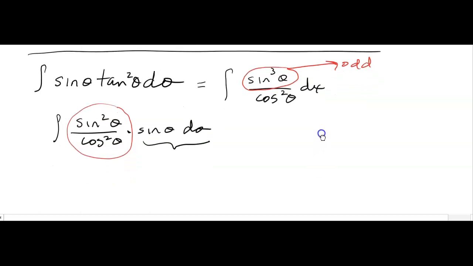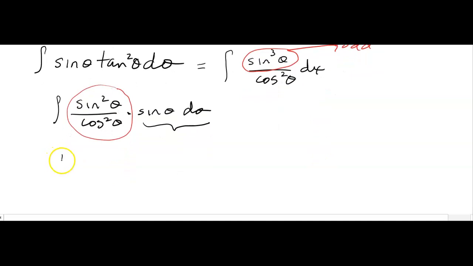Well, you can use your power reducing formula, because that sine squared can be turned into a cosine. So we don't necessarily need to reduce the power in this case. We need to get our sine into a cosine, so we can just use our basic Pythagorean formula.